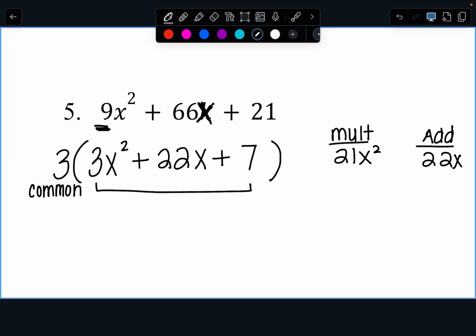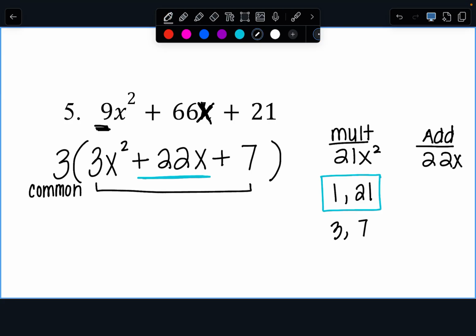What are the factors of 21? 1 and 21, or 3 and 7. Which pair adds to get 22? One and 21 is the only option for that.